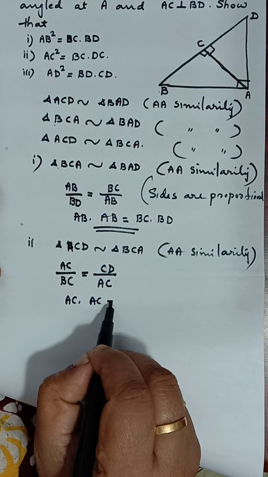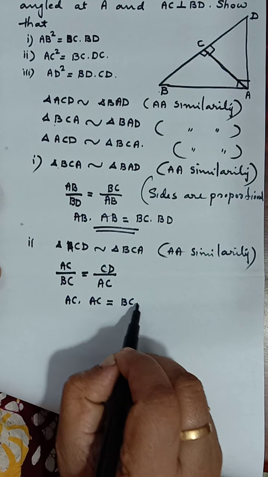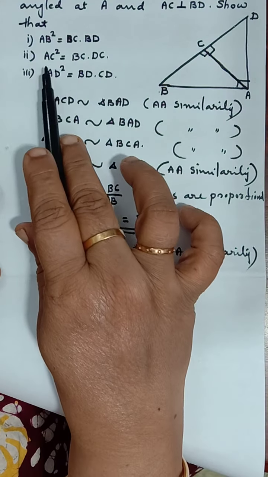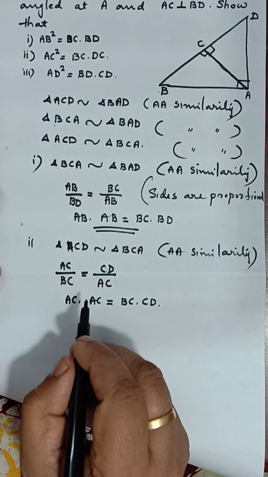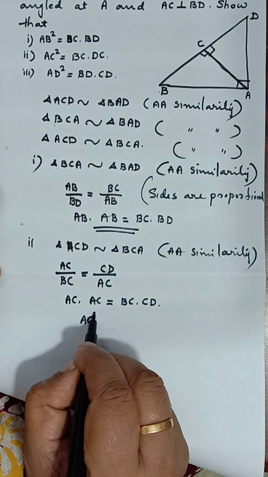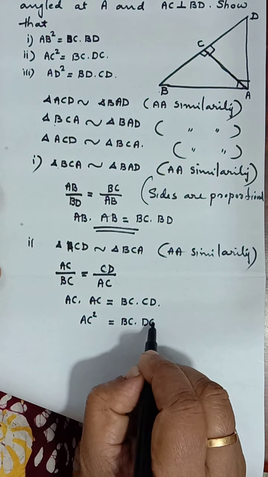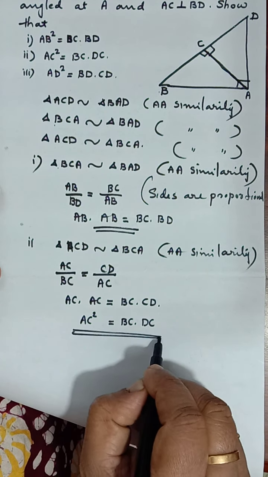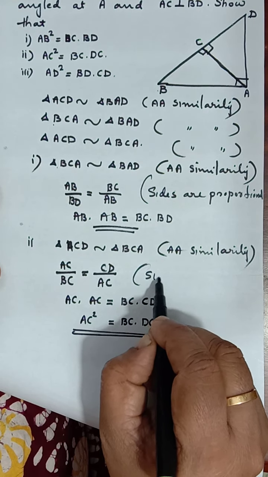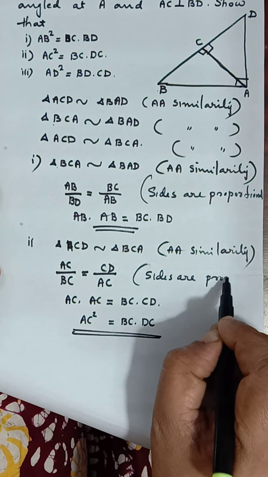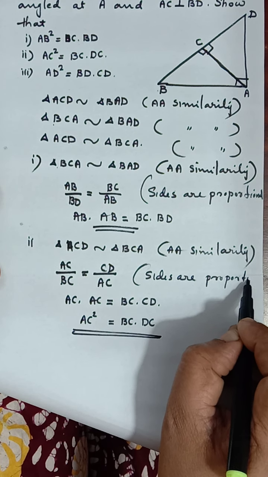AC into AC is equal to BC into CD. So that is what we got. AC square equals BC into DC. DC is the same as CD. So here also we write sides are proportional.